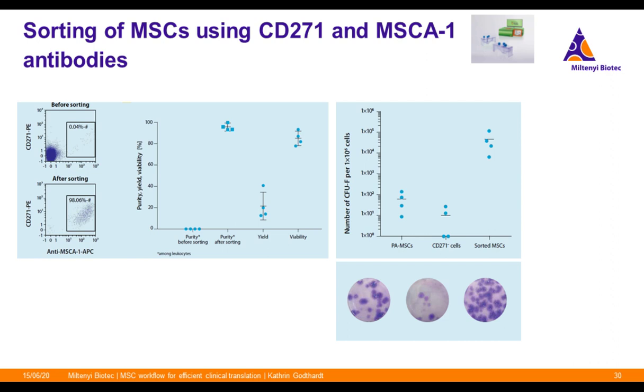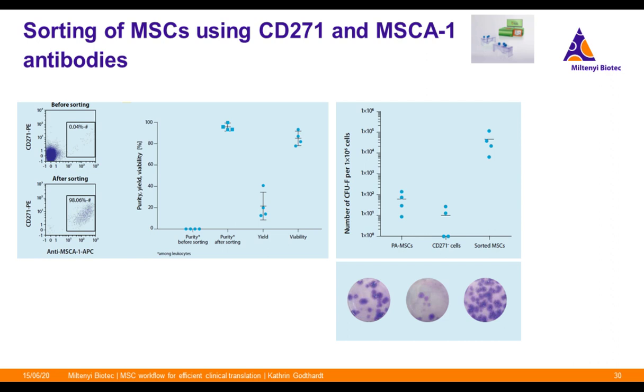So we used the bone marrow mononuclear cell fraction labeled with CD271 PE and anti-MSCA-1 APC, and you can see here before separation this is a really low frequent cell population with only 0.04%, and after separation there's a really high enrichment of cells of more than 90%.